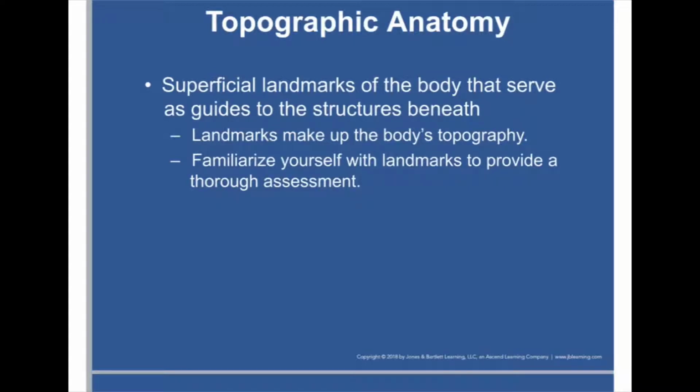An example of that would be if you understand where the upper left quadrant of the abdomen is, you should also understand that that is where the stomach sits and where the stomach goes into the intestines. You should also understand that in that area of the body, maybe a little bit superior to that, is where the spleen sits.